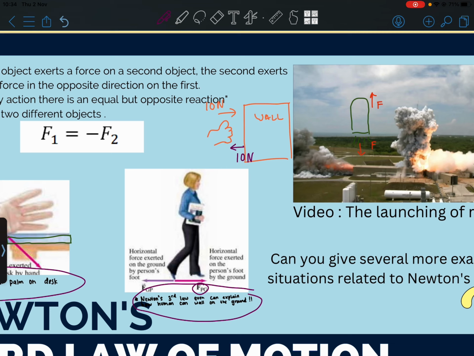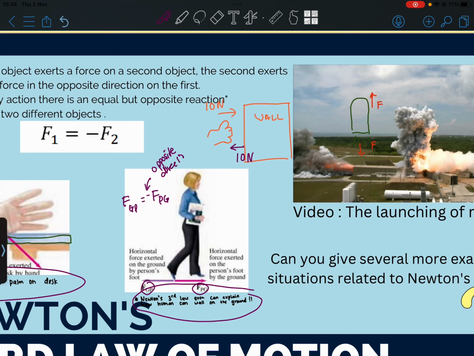In the opposite direction, FGP, the ground exerts the force on the person's foot instead. The value of FGP is the same as FPG but in a different direction, so we put the minus sign. The minus sign means the opposite direction.